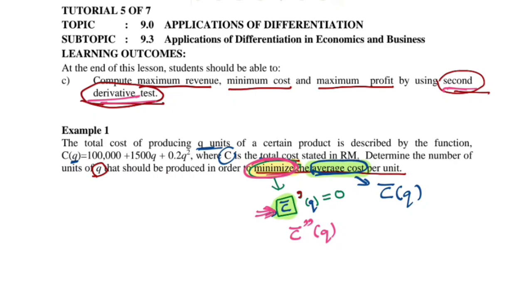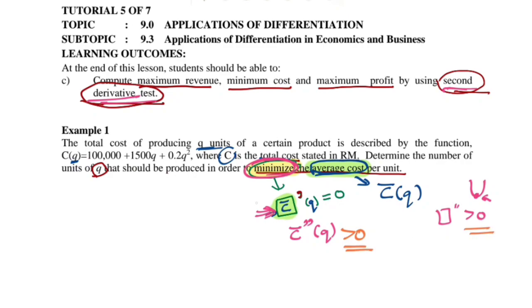Remember, for the second derivative test, when it's minimized is when we're smiling, and this is the minimum point. So when we're smiling, that means we have a second derivative greater than 0. So now we have to make sure that the answer for the second derivative, if we check, must also be greater than 0.